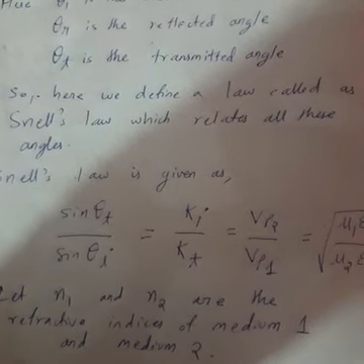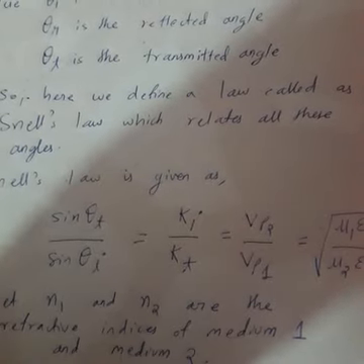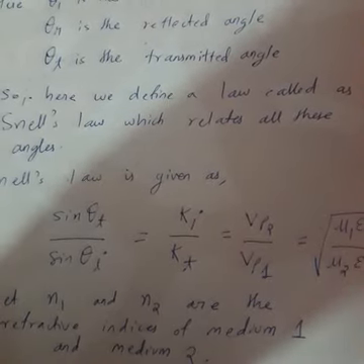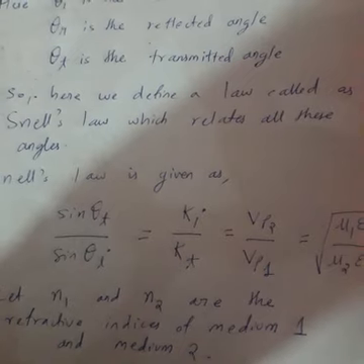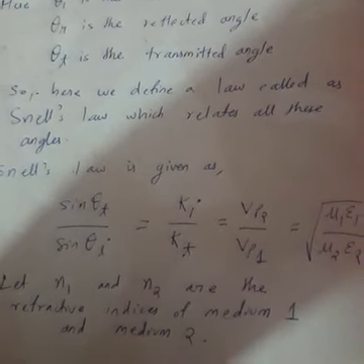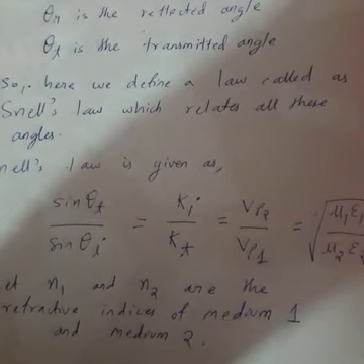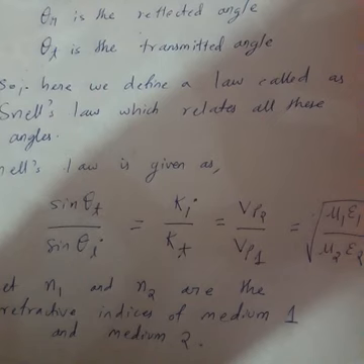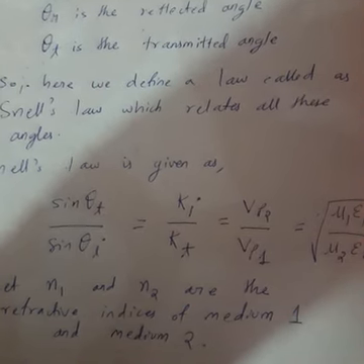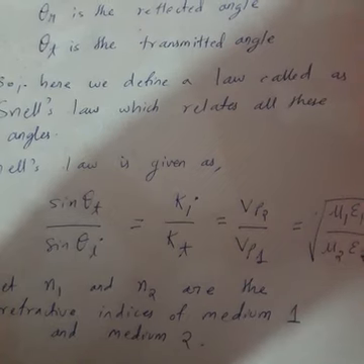Already we defined the propagation vector k in the previous class. K is equal to kx ax plus ky ay plus kz az. Clear? Now, you know that the propagation vector is inversely proportional to the phase velocity. So ki by kt is also equal to vp2 by vp1.